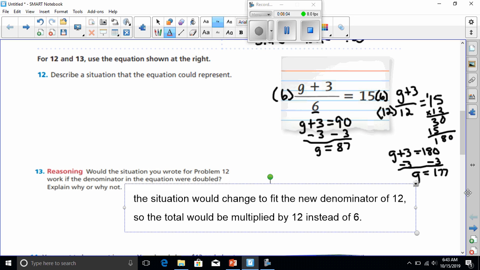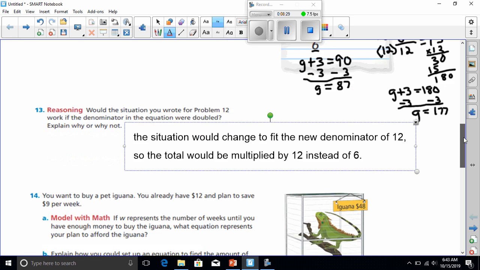Okay. I don't know what your situation would be if you were to write that there, but let's just say you were saying that you had 6 in an egg carton, a half dozen of eggs. Instead, now you'd be trying to make it fit for a dozen eggs instead of a half dozen eggs.